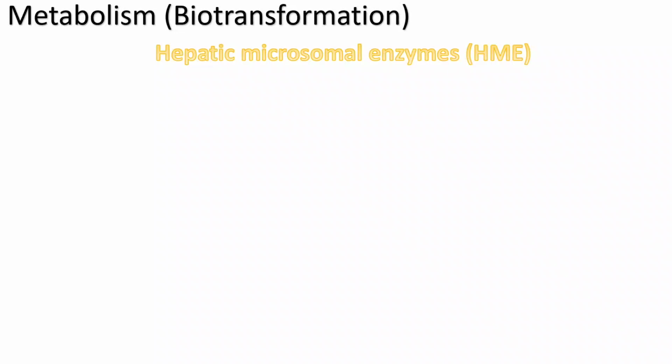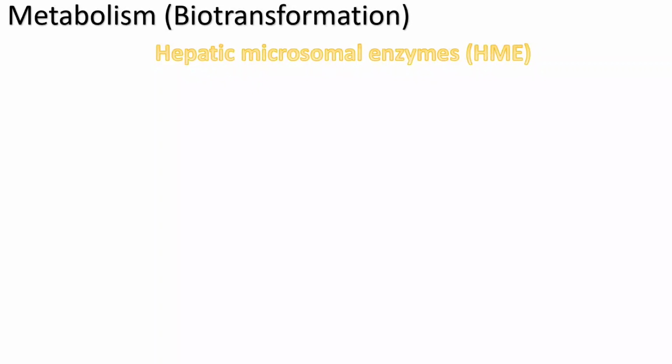And what does that mean? That means that the rate of synthesis of these enzymes can be increased by an inducer. And of course, increasing the synthesis of these enzymes would result in higher activity.